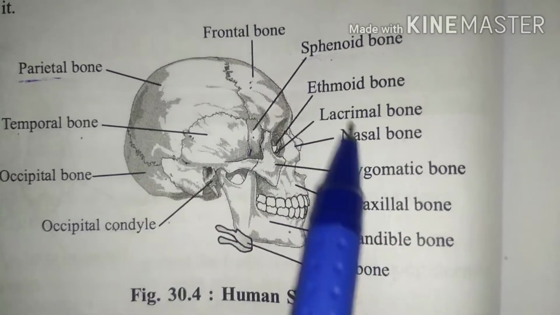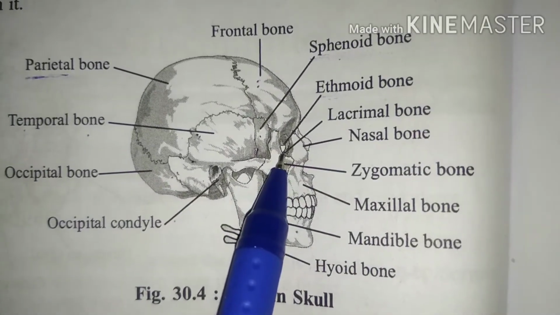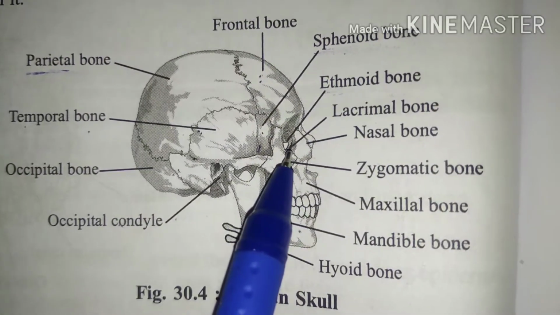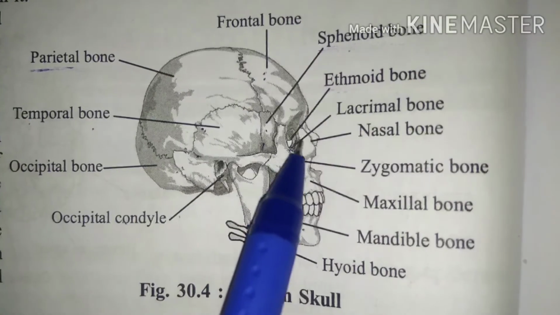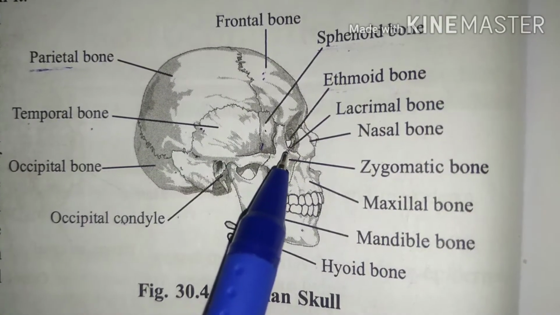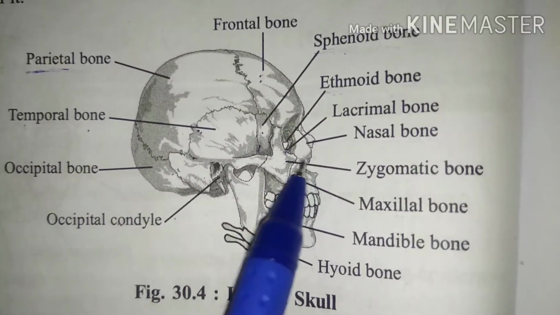Last bone, ethmoid. It is also single in number and it is sponge-like in appearance, located on the midline in the anterior part of the cranial floor.